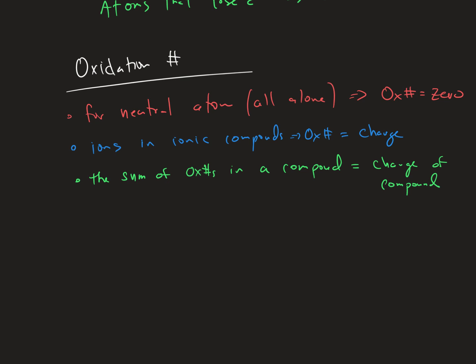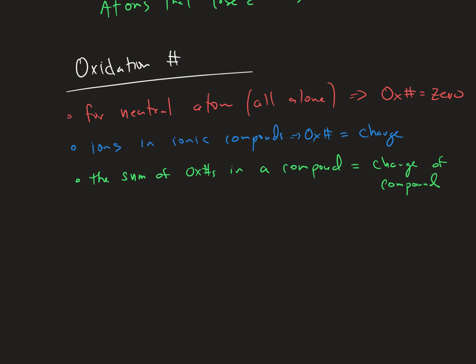What's the charge of all ionic compounds? Do we know that? They're all neutral. So the charge is 0. That means the sum of the oxidation numbers has to add to 0. And we kind of already dealt with that with ionic compounds, right?